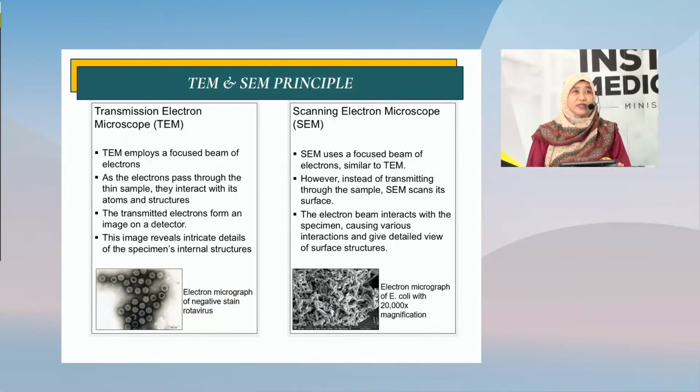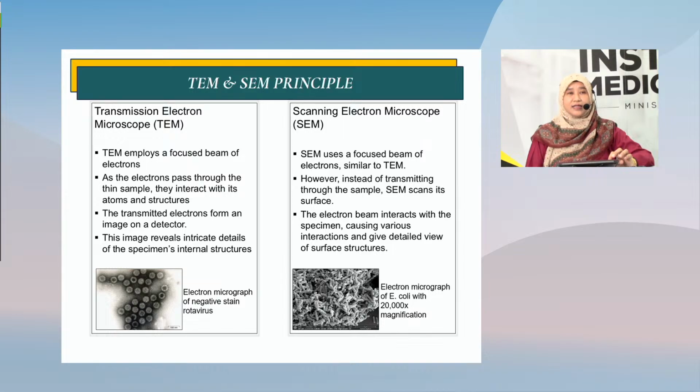Transmission electron microscopy, or TEM, employs a high-speed focused beam of electrons, where the electrons transmit through the super tiny sample, interact with the atoms and structure of the sample, and form the image in the detector.